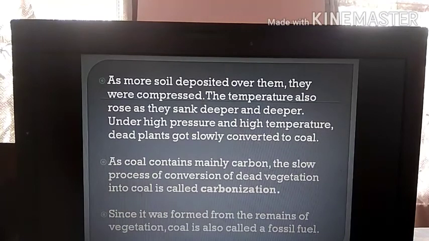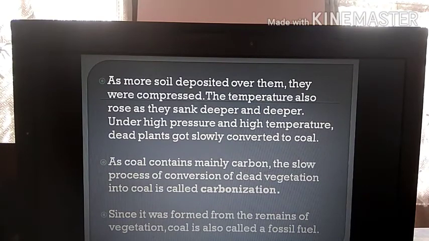The maximum percentage of coal is carbon. The dead plants were slowly converted into coal and the carbon content increased, and that process is called carbonization.